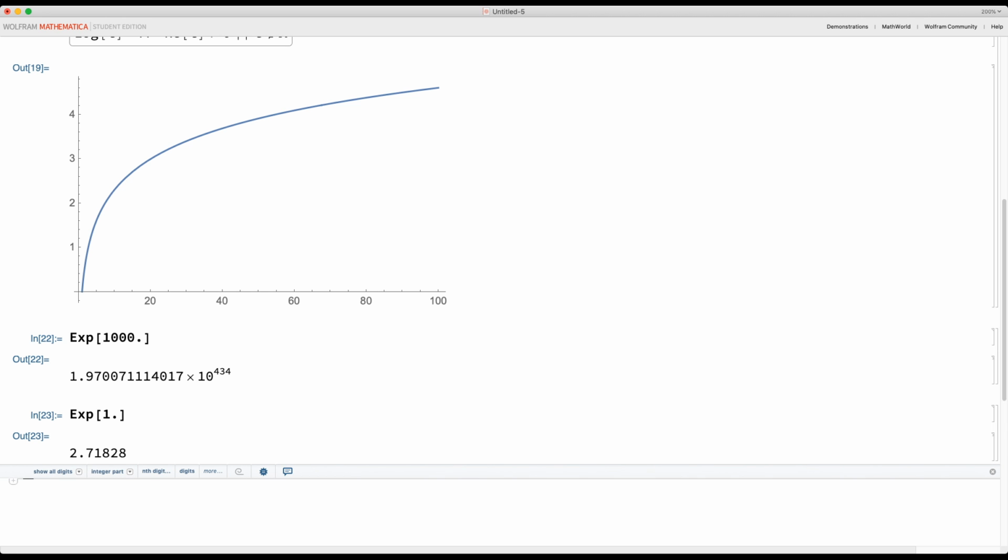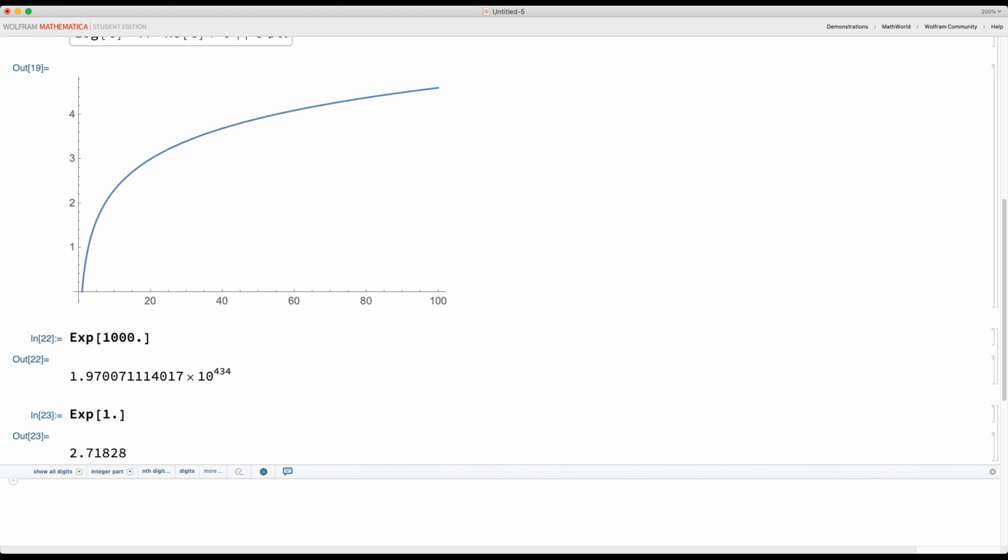So e to the 10 to the 23rd, we're talking a number so large, it's vastly more than the number of subatomic particles in the observable universe. But it exists as a number. It's just so big that we can't wrap our minds around how big it is. So all that to say is that the logarithm doesn't converge to any specific number.